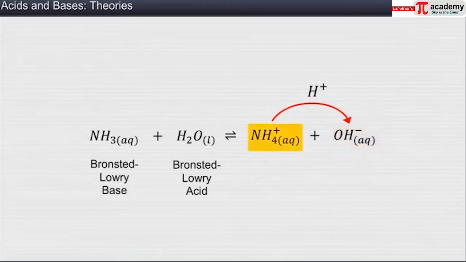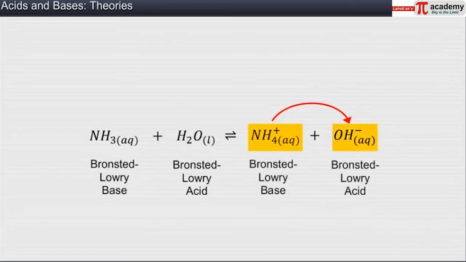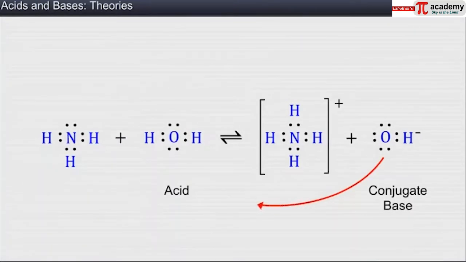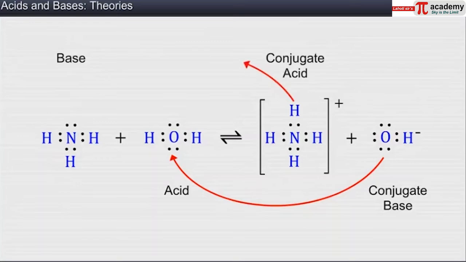Hence, NH4+ and OH- act as Bronsted-Lowry acid and base, respectively. In this case, the OH- ion is called the conjugate base of the acid H2O, and the NH4+ ion is called the conjugate acid of the base NH3.